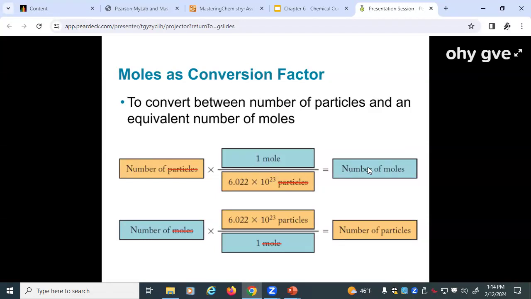Because moles are the bridge, they make great conversion factors. Knowing that there's Avogadro's number of particles in a mole of any substance, I can use Avogadro's number to convert between moles and particles. I can do so relatively easily.